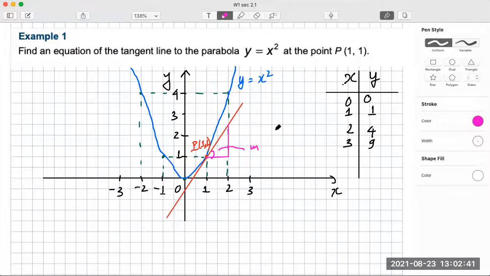And the slope of a line here, what is it? It is the change in the y direction. For example, from this point to this point, this is delta x here.